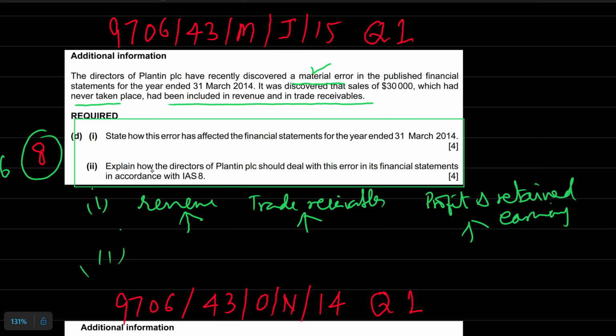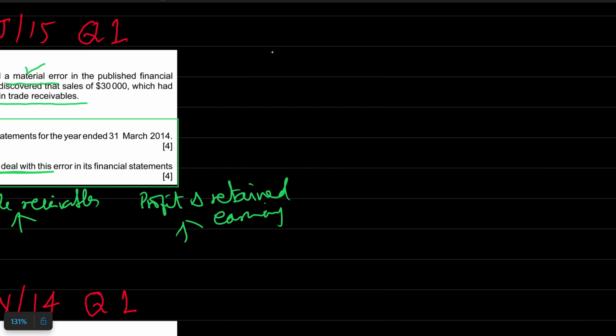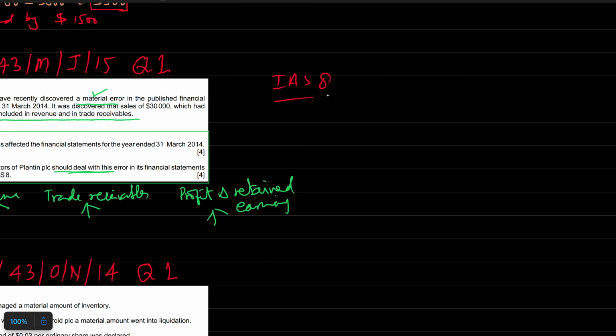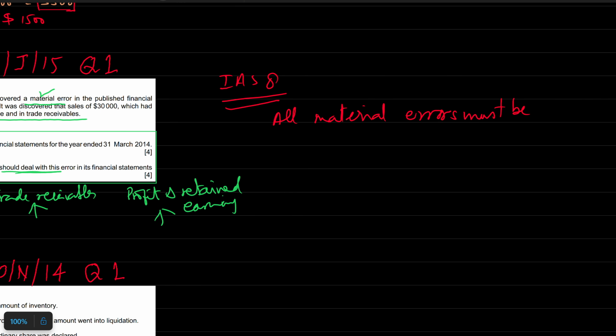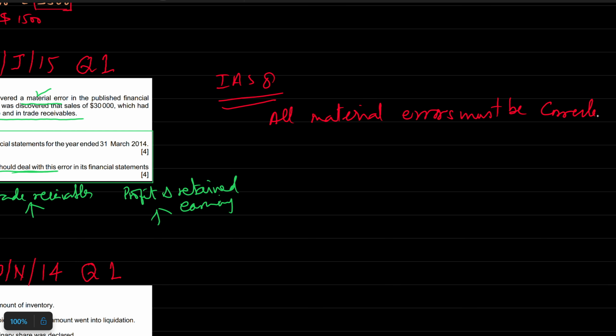Now how to correct it? We have to explain according to IAS 8 how this error should be dealt with. Students, as we already have discussed, IAS 8 states all material errors must be corrected, and corrected retrospectively.